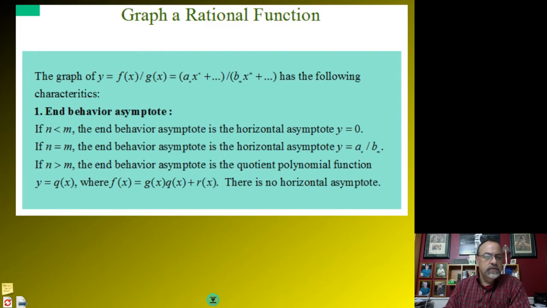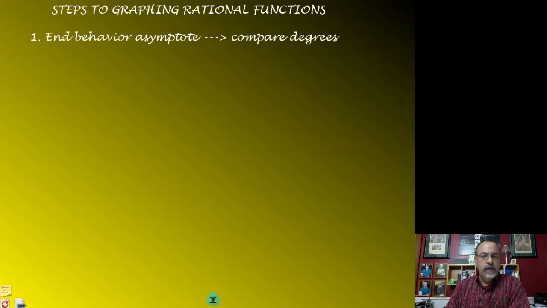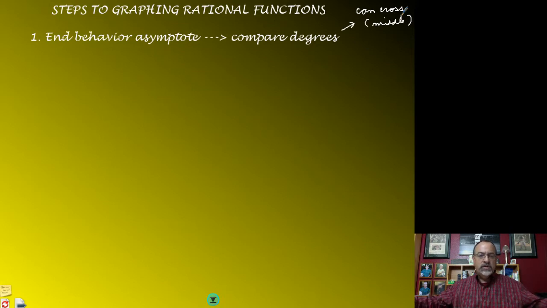Now, one final note about end behaviors. Let me go back to our list and I'll talk about it then. A final note about our end behavior is this: the graph can cross this asymptote in the middle of the graph. Meaning, if it's a horizontal line out there at the ends, it will not cross or touch the asymptote out there at the ends, just like it doesn't cross or touch any other asymptote.